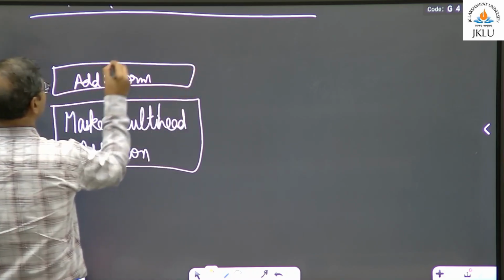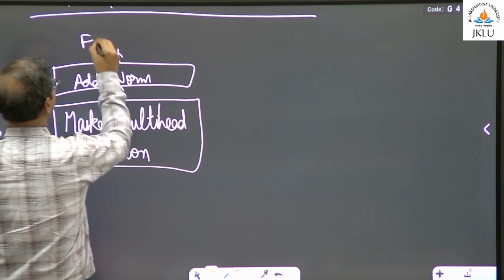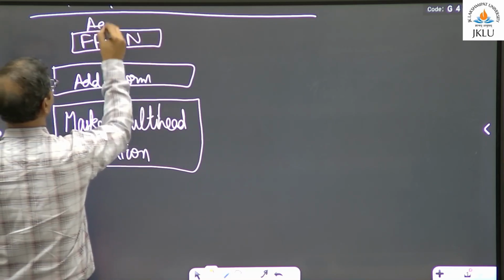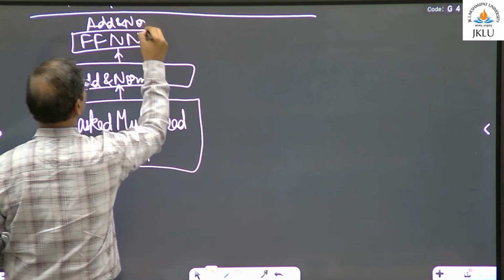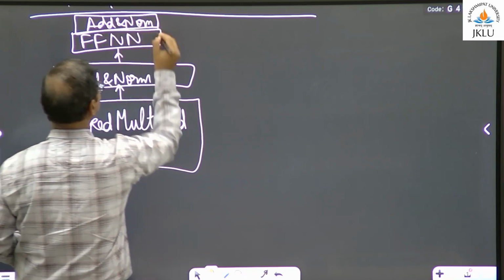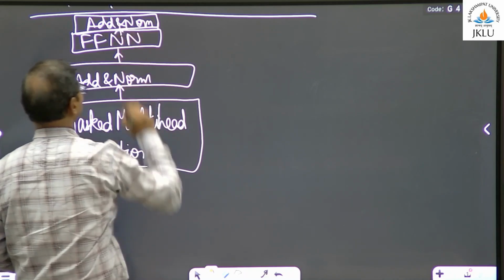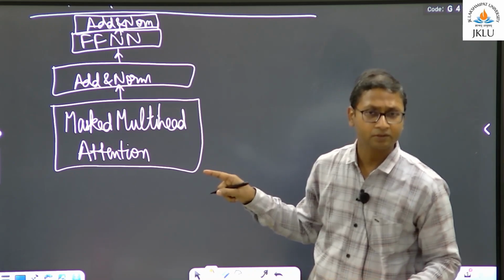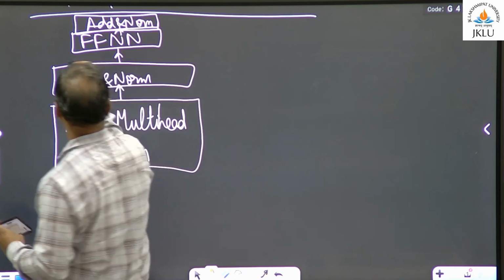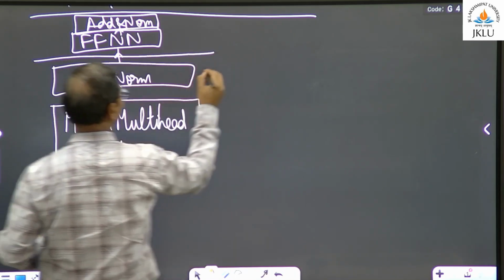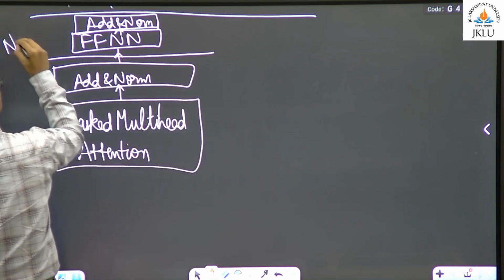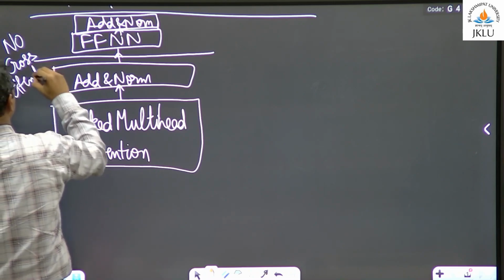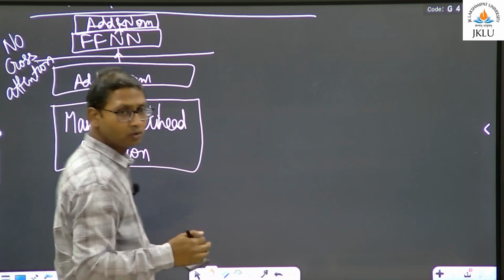After that we do feed forward neural network and then again add and norm. This is our decoder only thing, because in decoder only you don't have this cross attention here. So, no cross attention, obviously there will not be any cross attention because there is no encoder.